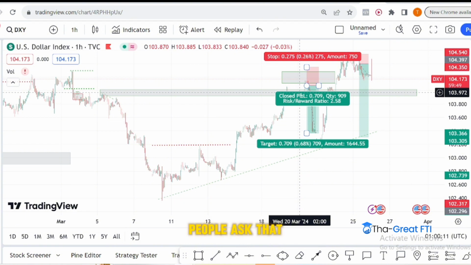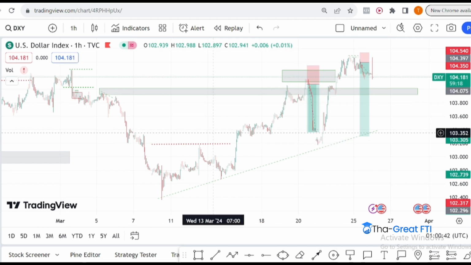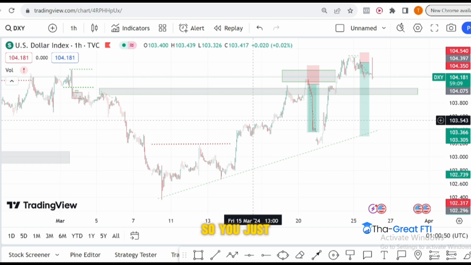And I'm sure a lot of people will ask why I was sure that the market was going to come and trigger there. It's very simple. All of us are actually here to make money from the financial market. So all strategies work. If you are still using resistance and support, it still works.